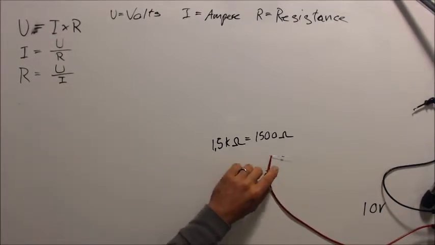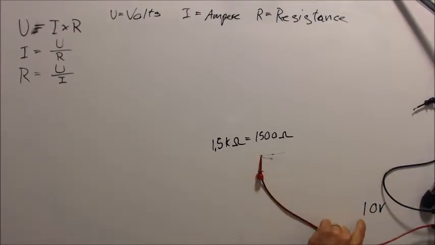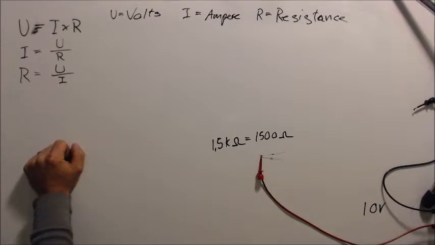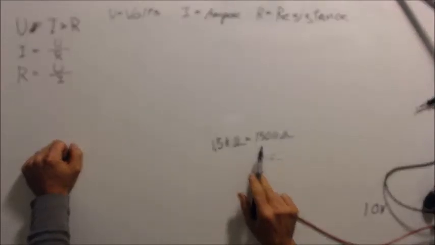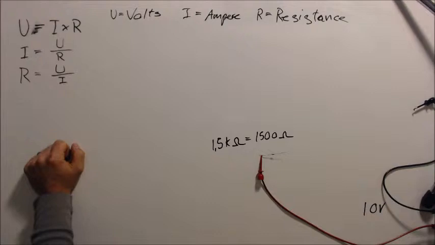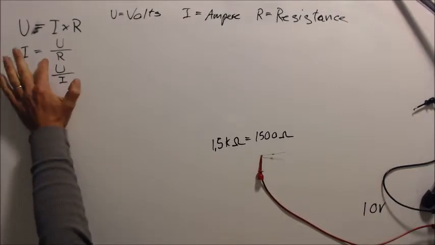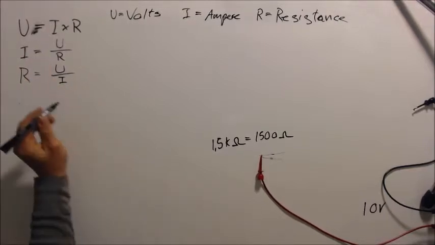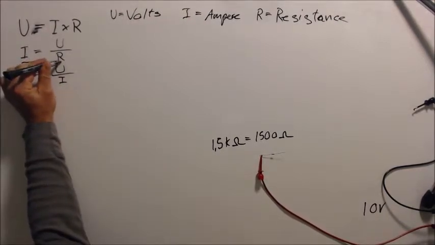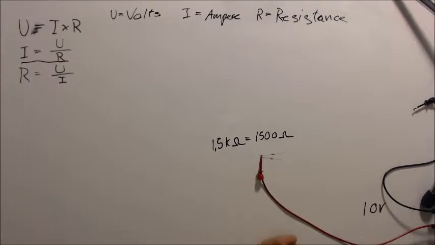So we've got 1,500 ohms, we've got 10 volts. Now we can calculate how much current we're going to have. So let's put that to the test. Which formula are we going to be using here? We've got 1500 ohms, we've got 10 volts. We're going to find the current. So we've got this one up here. This is the formula that we're going to be using.